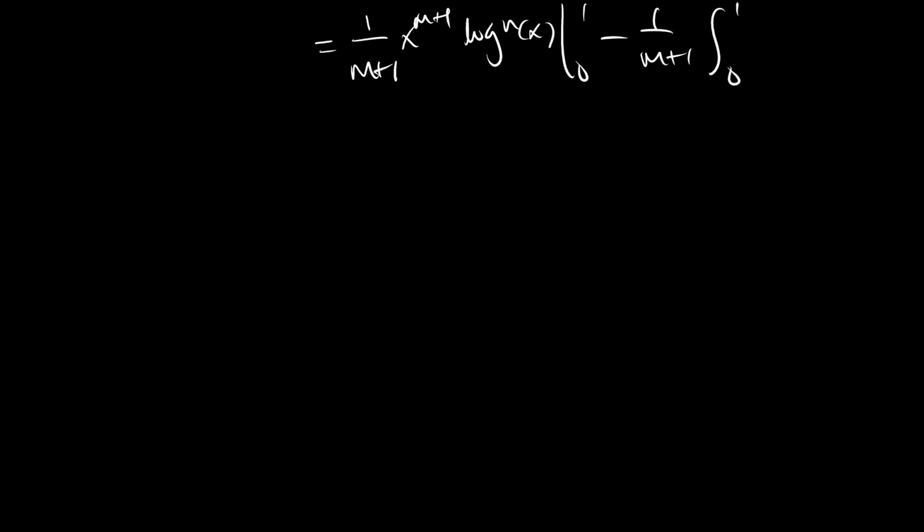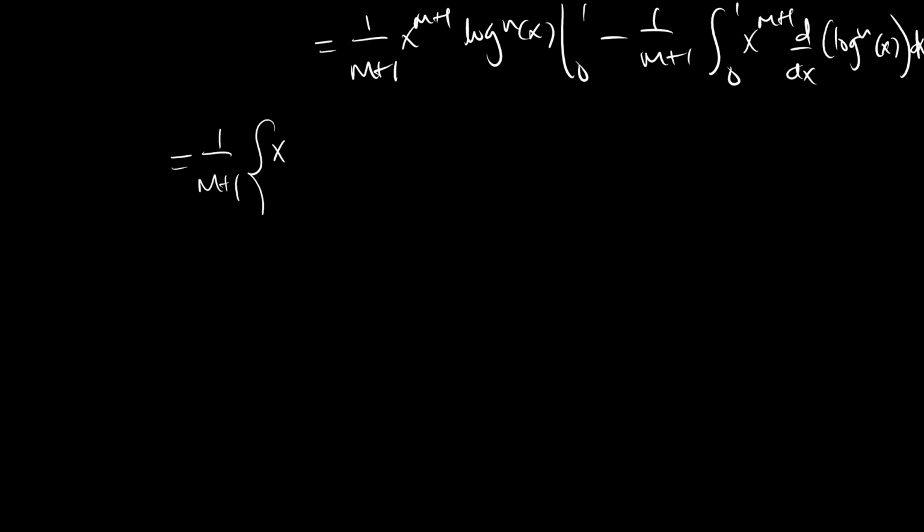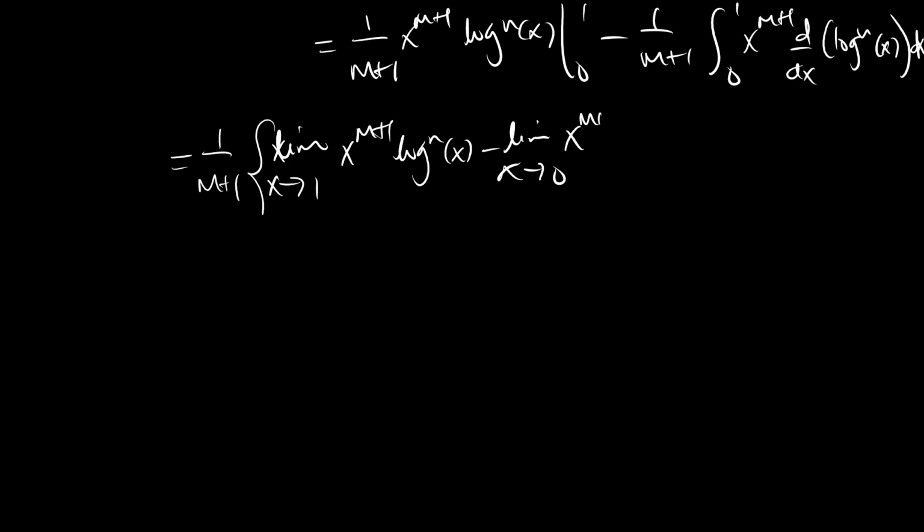And since this was our problem, we can see here that this is 1 over m plus 1 times the limit as x tends to 1 of x to the m plus 1 log to the n of x minus the limit as x tends to 0 of the same.